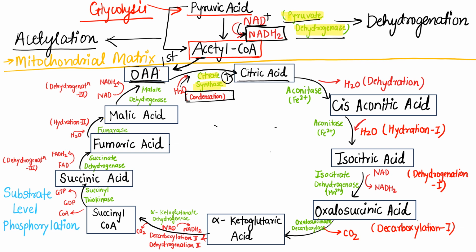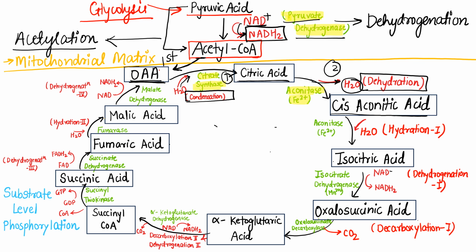Second is conversion of citric acid into cis-aconitic acid in the presence of enzyme aconitase and catalyst Fe2+. Now, in this step, dehydration takes place, that is removal of H2O, one molecule of water. This is the second step.